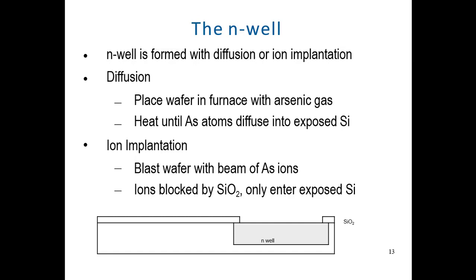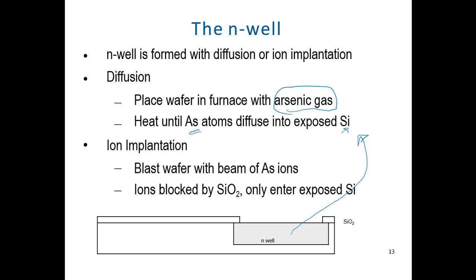So place wafer in furnace. So here is the explanation of the process with arsenic gas and heat until atoms diffuse into silicon atoms. So this is arsenic atoms diffusing into silicon. So basically this shows the process of how you can develop the N-well.